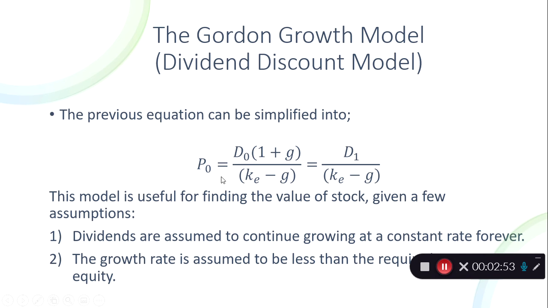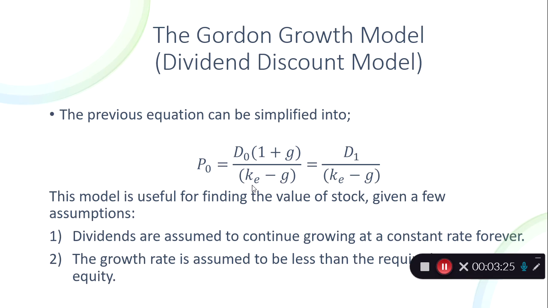But to simplify the previous equation, it becomes P0, the expected stock price, equal to the latest reported dividend times 1 plus g, over ke, the minimum rate of return that will induce you to invest your money, minus g. g is the expected growth rate of the dividend.